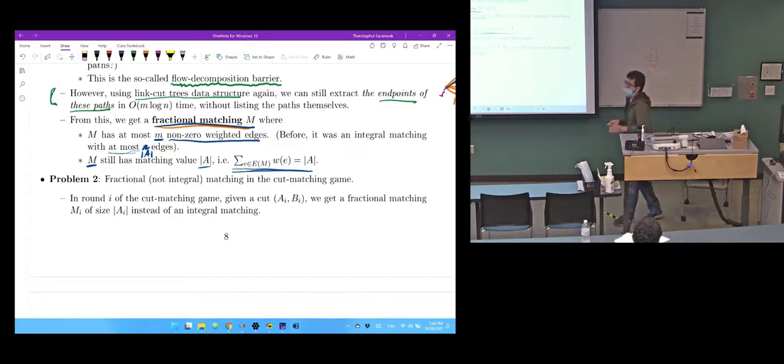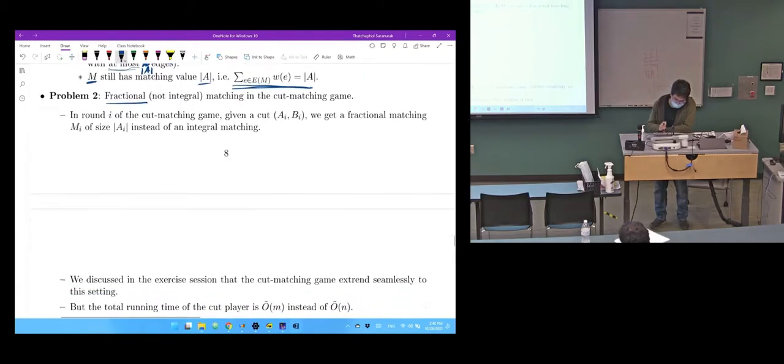In the cut-matching game that we talked about, most of the time we really just talk about getting an integral meshing in each round. But here we get a fractional meshing in each round instead of an integral one.